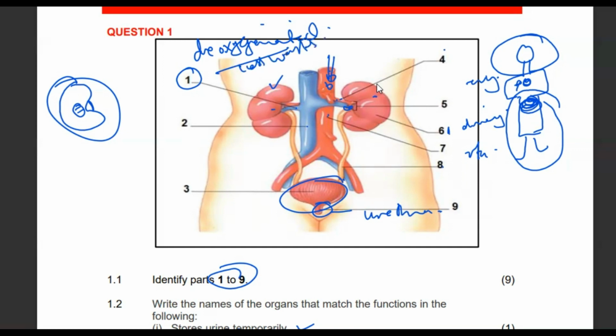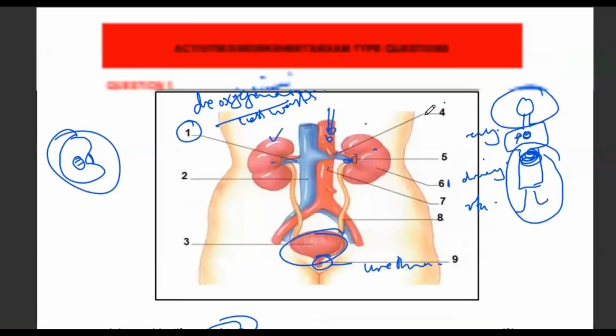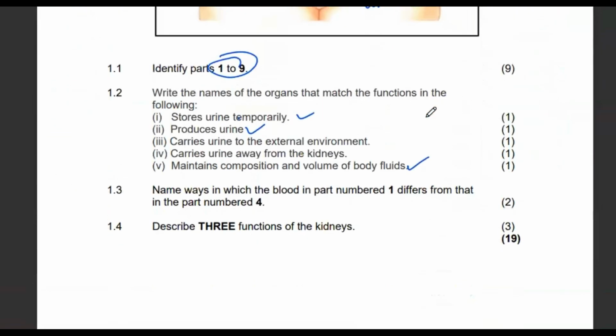Number 4 is going to carry blood which is oxygenated but with much wastes, so that those wastes can be purified. So basically, that is it.